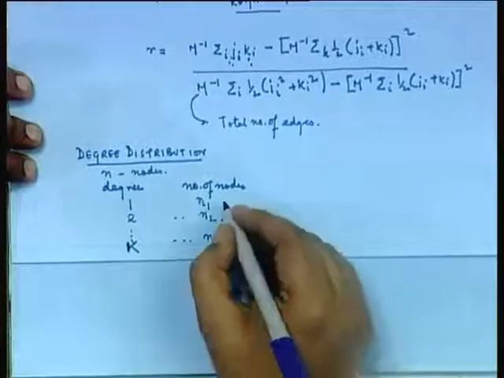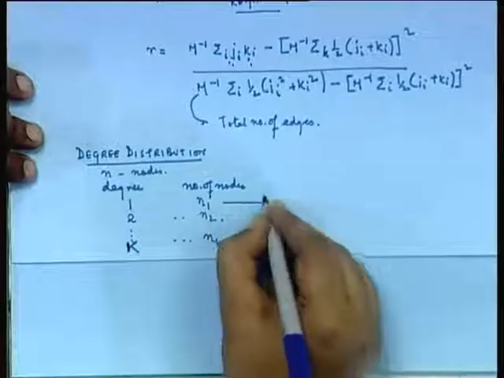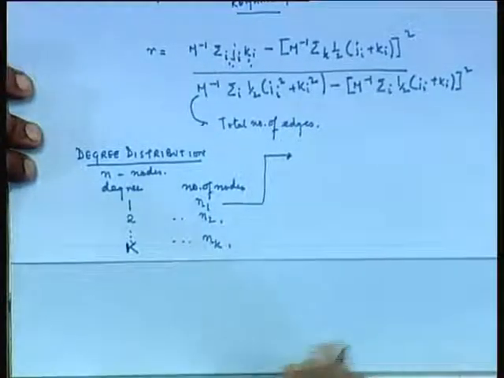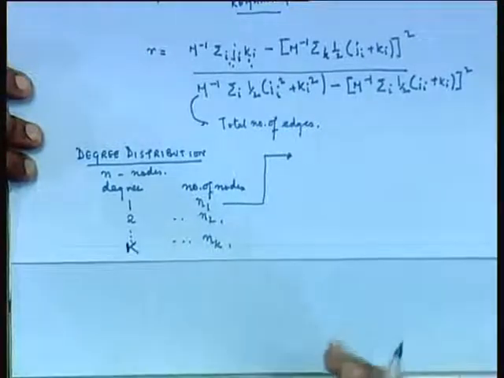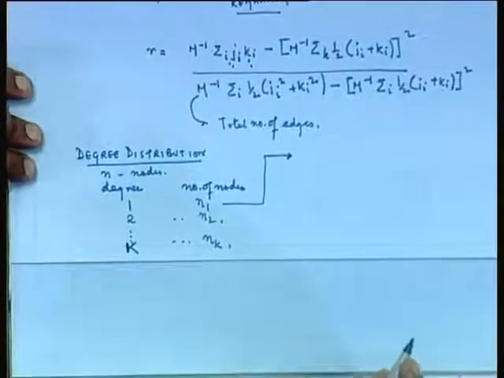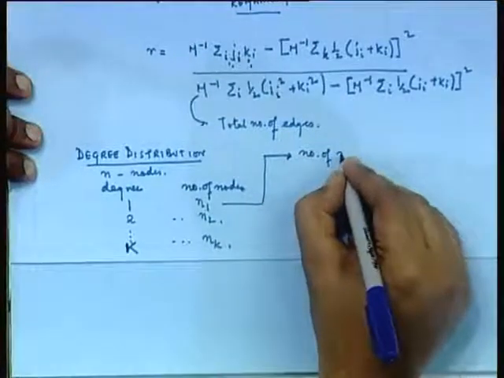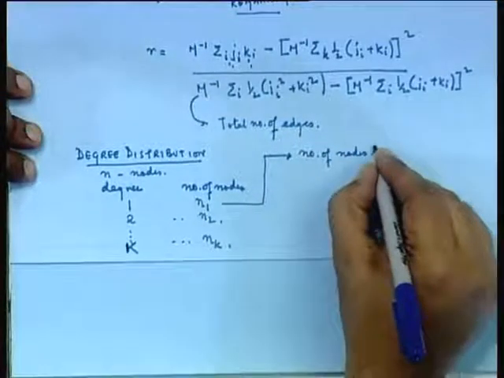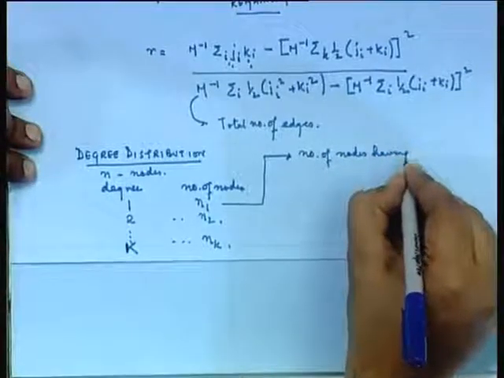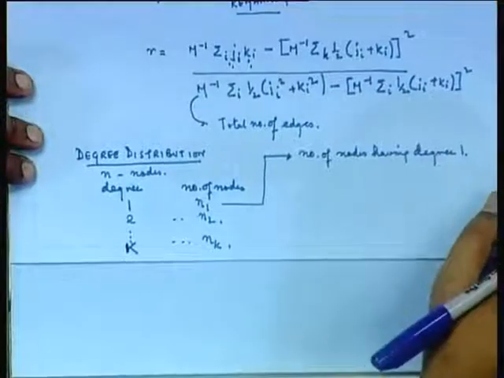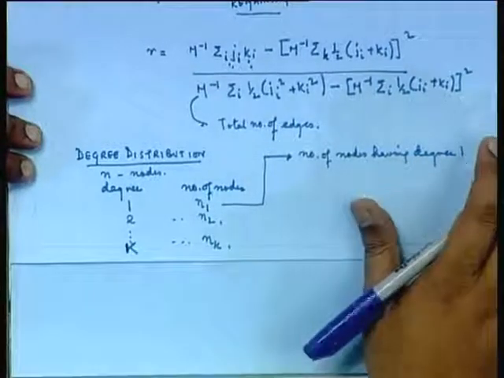So, what is n_1? Let us tell it in words. What is n_1? Number of nodes having degree 1. Okay, no problem.